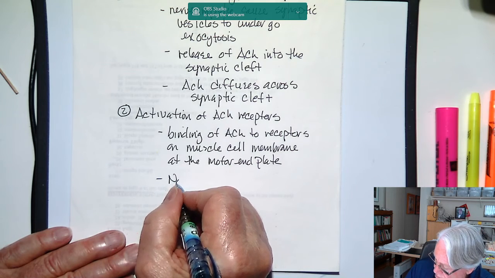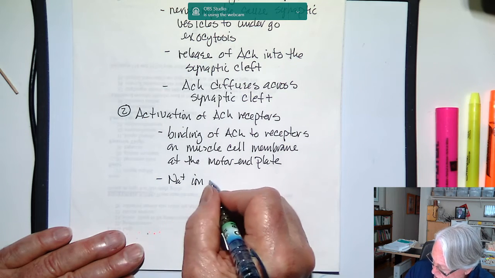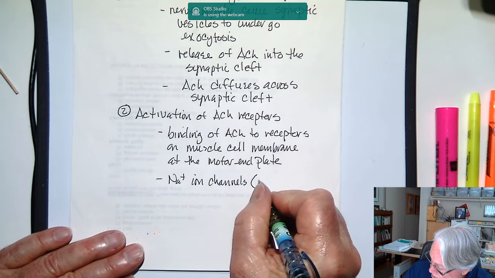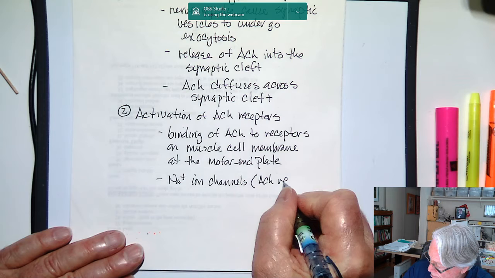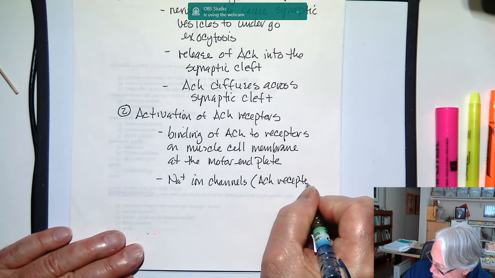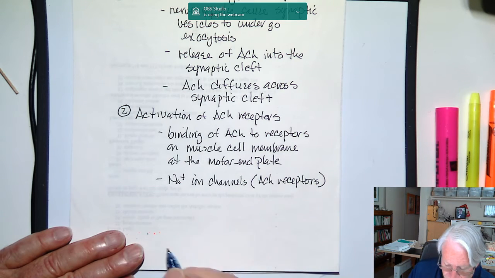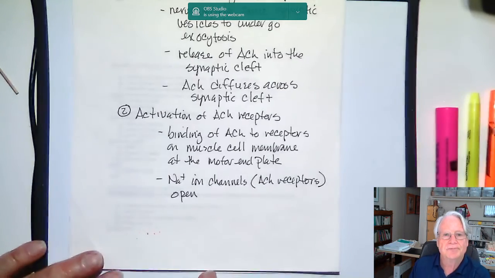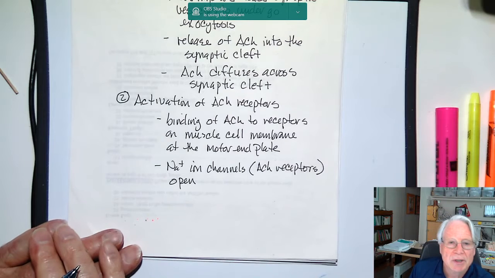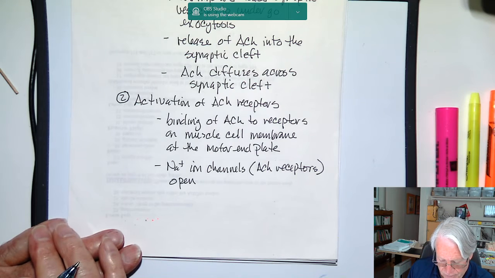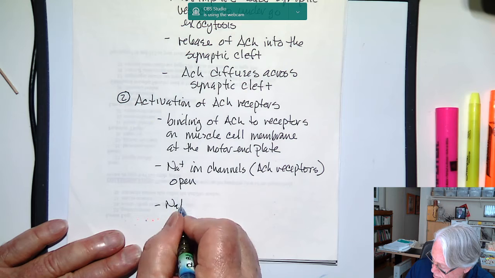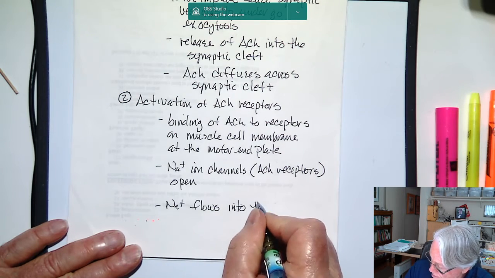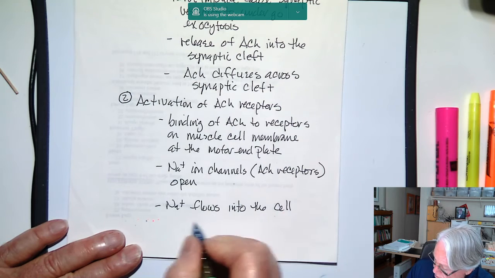The sodium ion channels, and these are the receptors, open. Sodium flows into the cell. This would be the muscle cell.